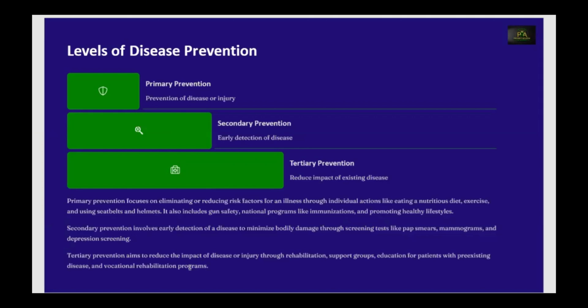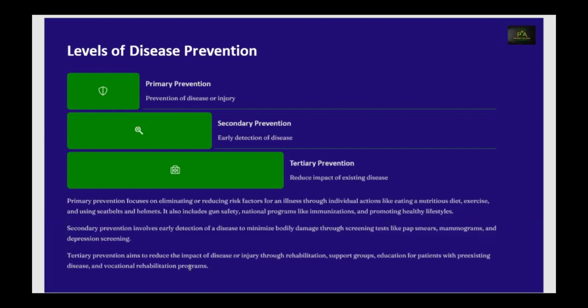So for example, let's give an example. For a patient, primary prevention is anything you can do to prevent the patient from having diabetes. That can be education on healthy eating, anything they can do to prevent diabetes. That is prevention, education. Then screening, which is your secondary prevention, is now your A1C.